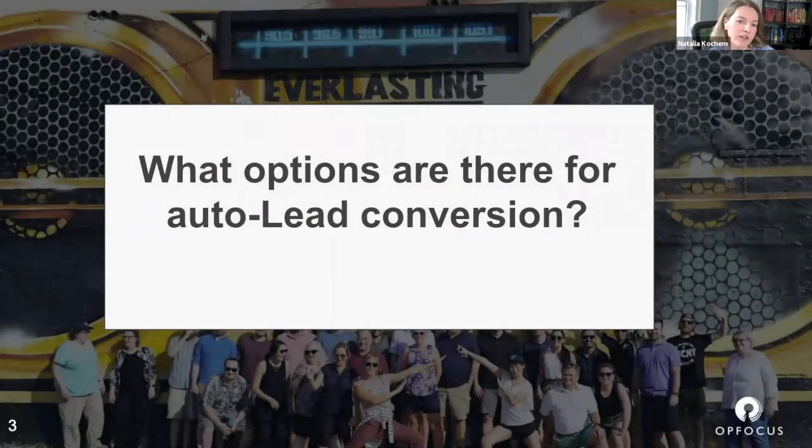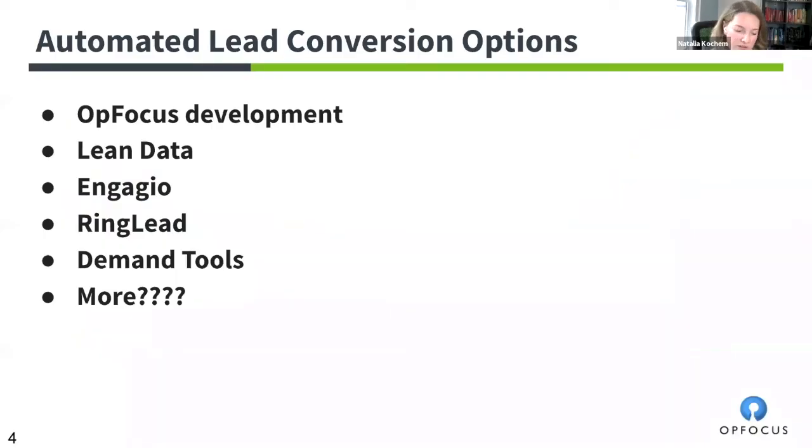So then the question is, what are the actual options to automatically convert leads? And so what we have done is we've leveraged code that our wonderful development team has done. And it's interesting because there's a bunch of tools out there that say they can do automatic lead conversion.